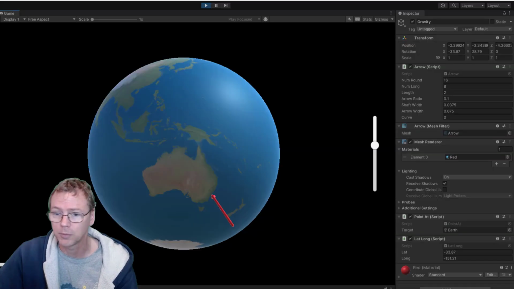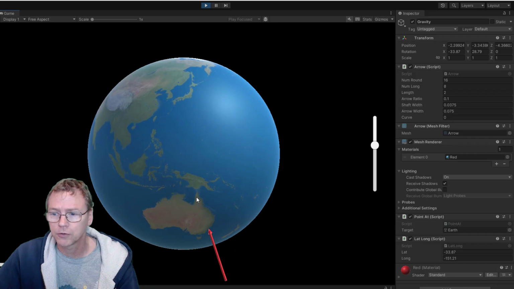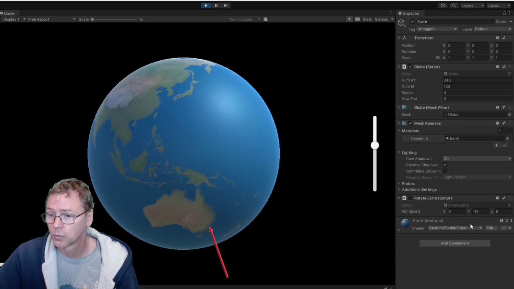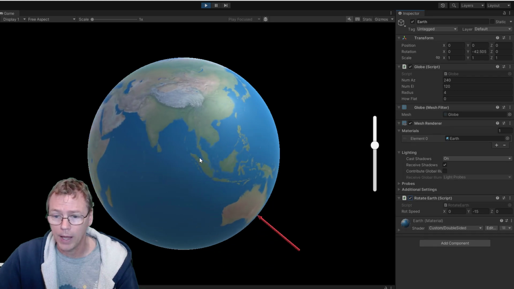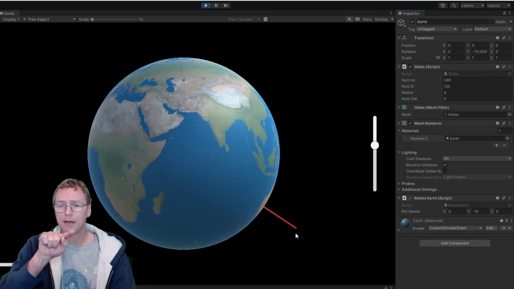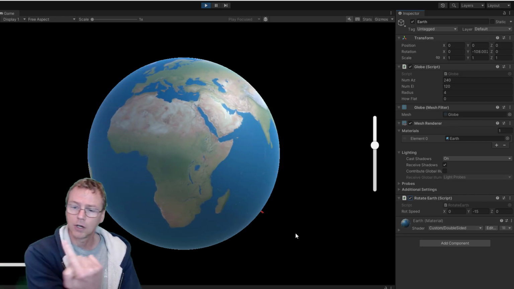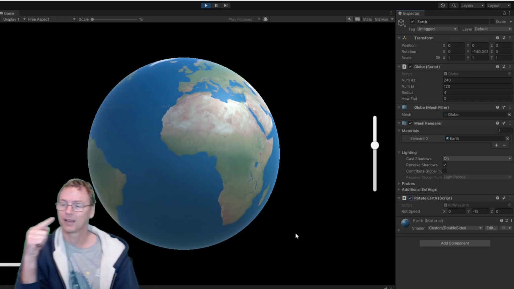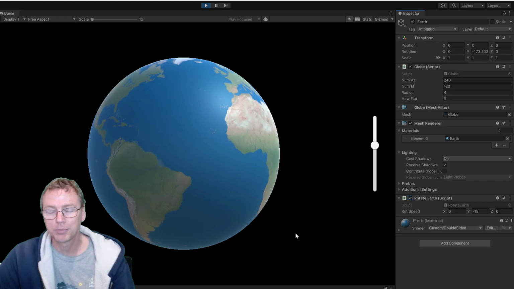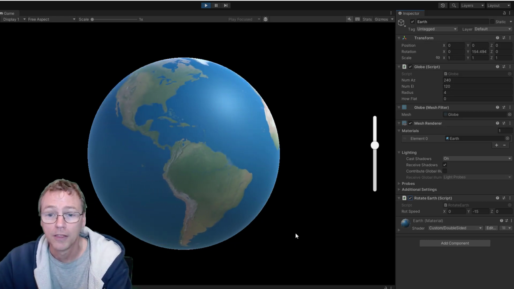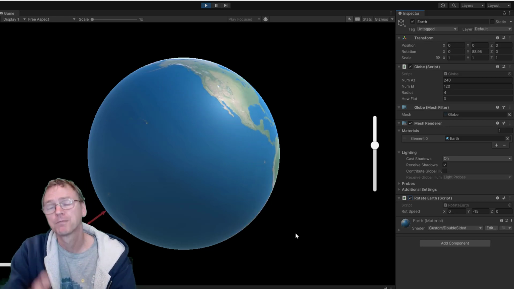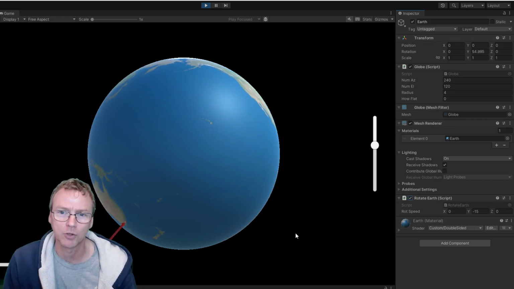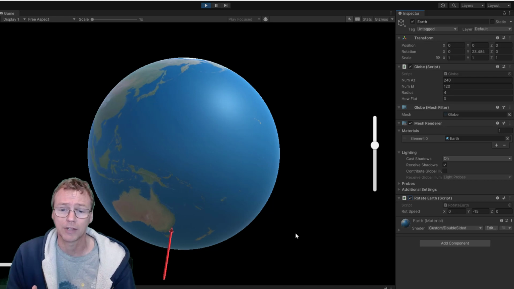If I go back to the simulation here, we will notice that the earth's rotation goes that way, and that causes the gravity vector to go around at an angle. The only places on the earth where that axis of rotation and gravity vector align are at the geographical poles, at the geographical north and south pole.